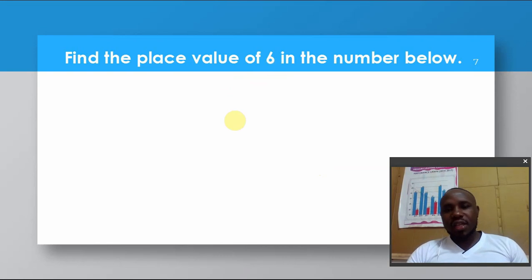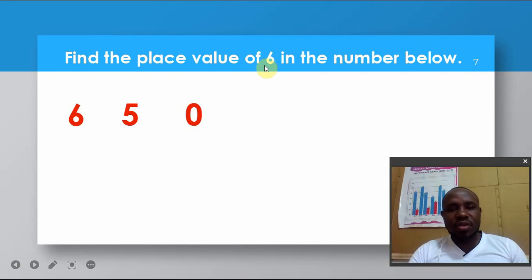The number given to us is 650. But in all of these digits, they are interested to know the place value of 6. Even if you give us the place value of 0 or 5, the question wants the answer for the place value of 6.